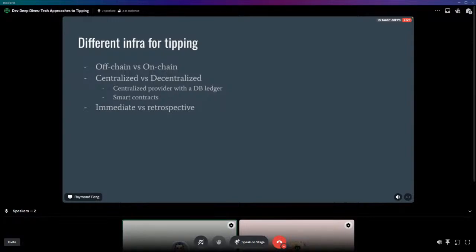So in that case, tipping becomes 3 steps. Step 1 is you deposit some funds into that provider, like saying, hey, I want to approve or give 100 Collab.Land tokens to the middleman, and that middleman can be the facilitator of the tipping. That's a deposit flow.